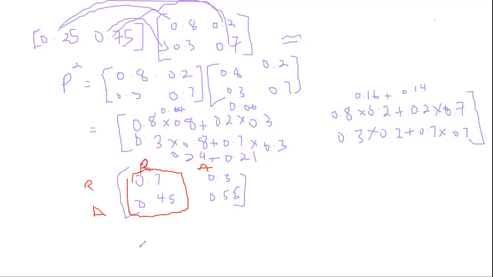So that is the distribution we have here. From rapid to a rapid method will be 0.7. And from an automatic to a rapid method is going to be 0.45.